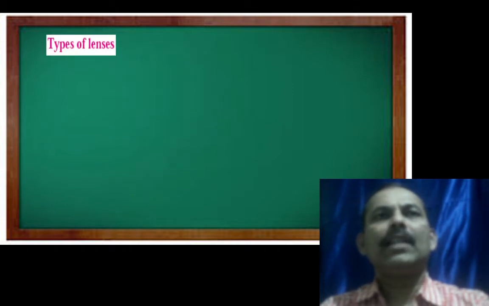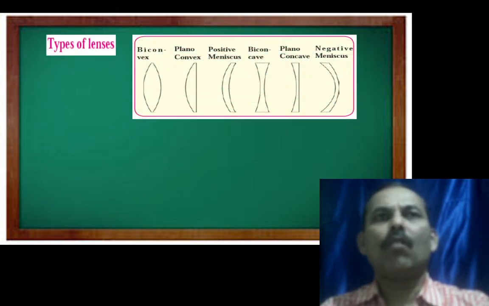Then different types of lenses. There are three types of convex lens, that is biconvex, planoconvex and positive meniscus. And there are three types of concave lens, that is biconcave, planoconcave and negative meniscus.